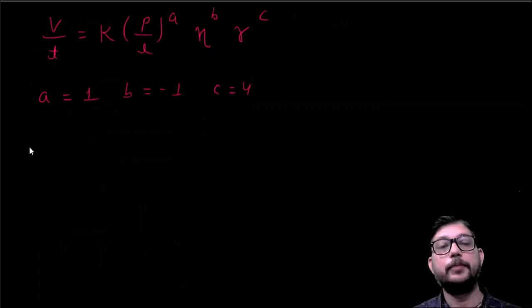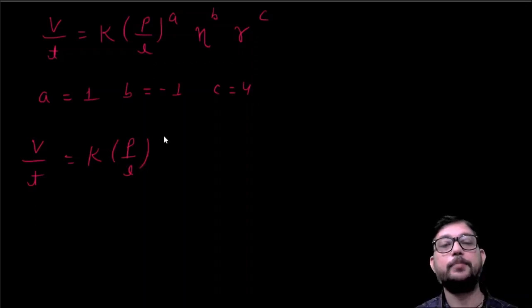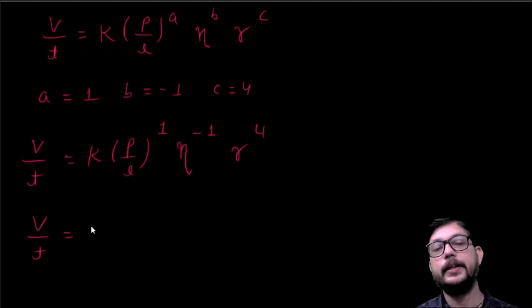So we put the values. v upon t equals k times p upon l to the power 1, eta to the power minus 1, r to the power 4. So it can be written as v upon t equals k times p over l into 1 upon eta into r to the power 4.